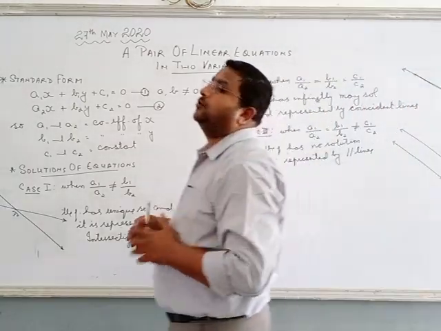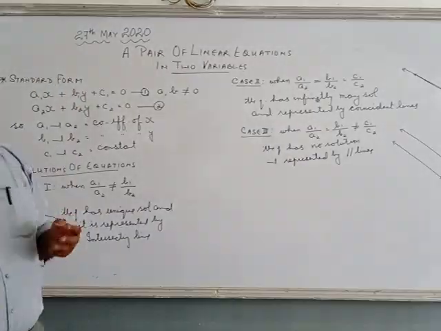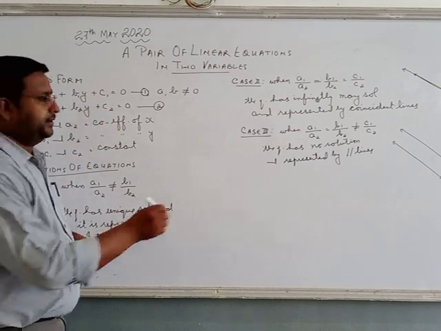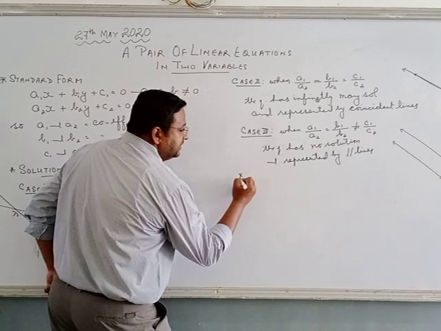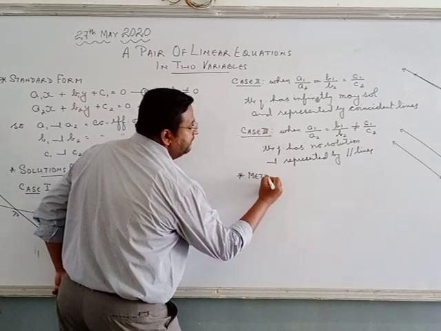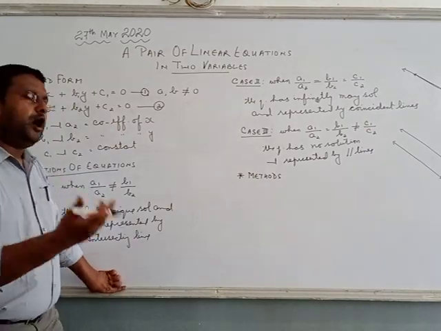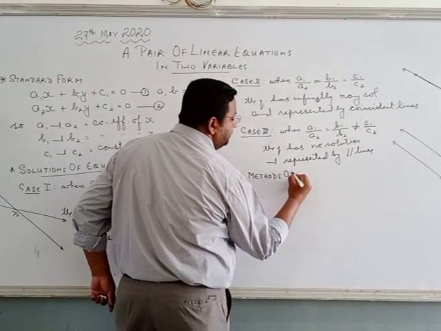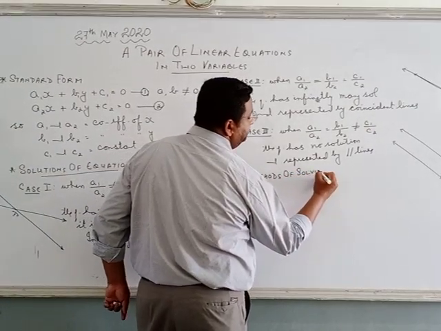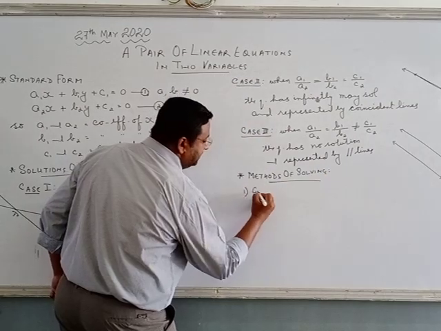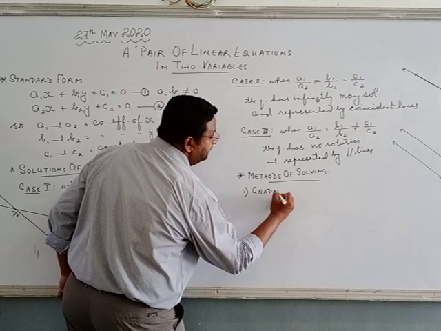Now, we come to the solutions. There are four methods for finding a solution of the linear equations. Today we are discussing how many methods there are. Then tomorrow, next class, we will be discussing how we solve them. Methods of solving. First method is the graphical method, by drawing the graph.